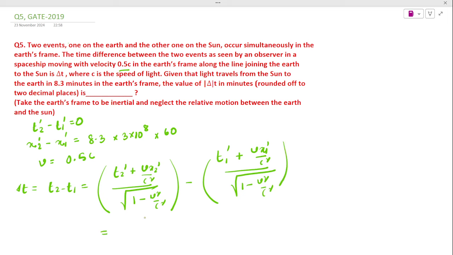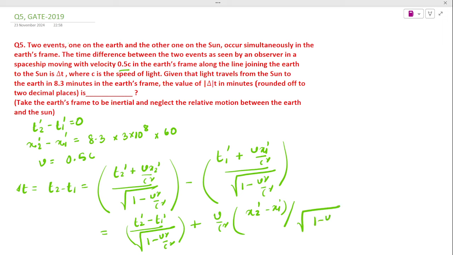So after calculation, t2 dash minus t1 dash, with 1 minus v square by c square as it is, and v by c square common here. Now x2 dash minus x1 dash divided by root over 1 minus v square by c square. So we just put in the values and we get the result 4.77 minutes. You can do it at home using your calculator. So our answer would become 4.77.